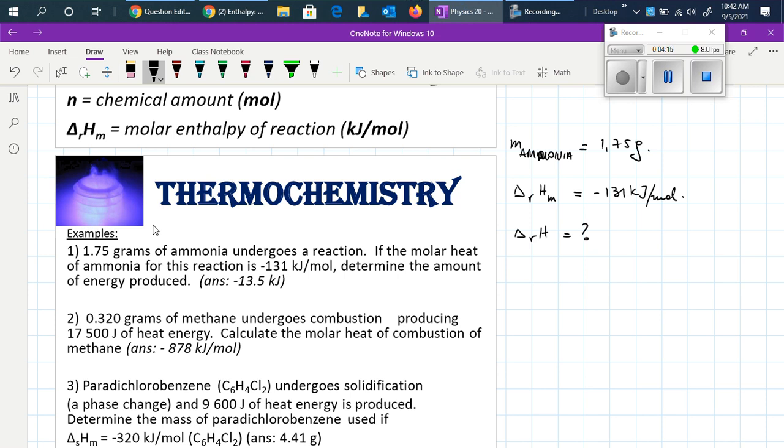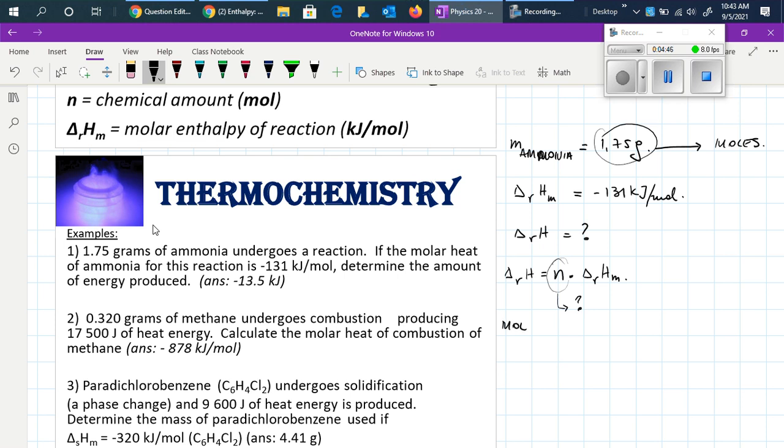So the very first thing that we have to do is figure out the number of moles for this 1.75 grams of ammonia. And in order to do that, we need to convert mass into moles. Okay, how do we do this? By finding the molar mass.